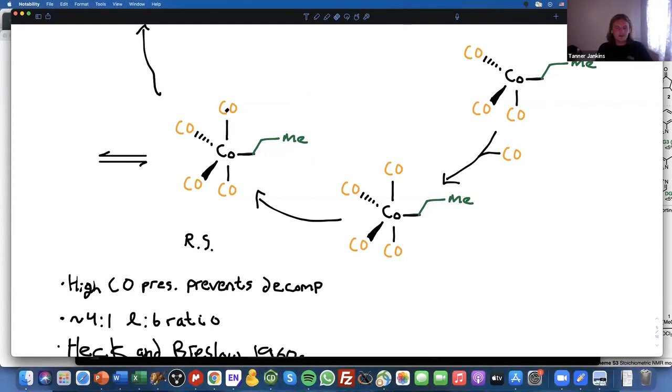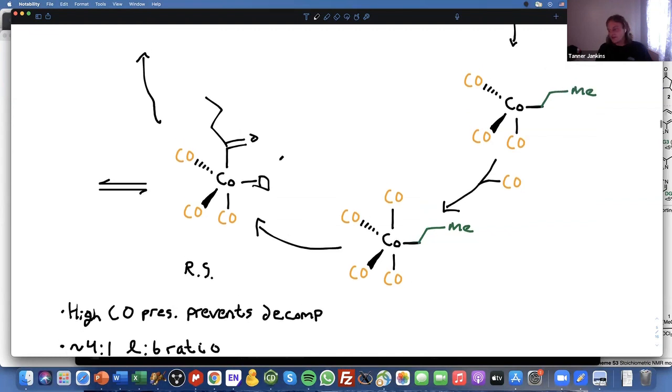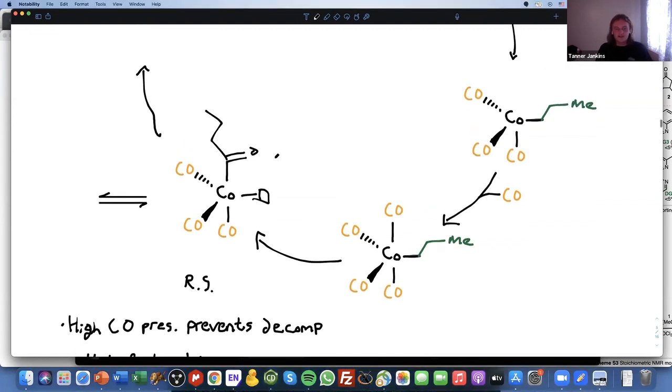And so we get migratory insertion of the CO here. And now we have this cobalt acyl species, which we have seen before in the case of our Monsanto process. And so we undergo the CO migratory insertion into the cobalt alkyl species. And now this is determined to be the resting state of this catalytic cycle.